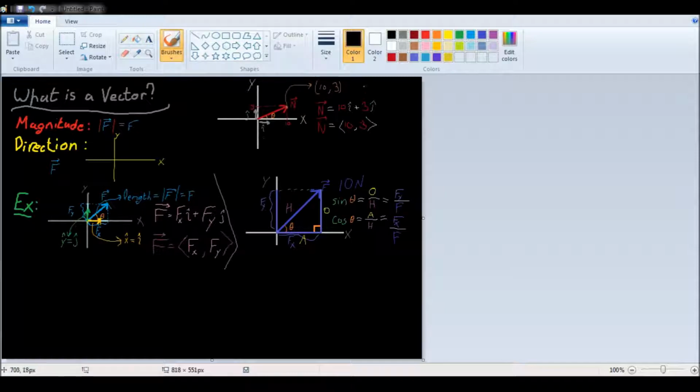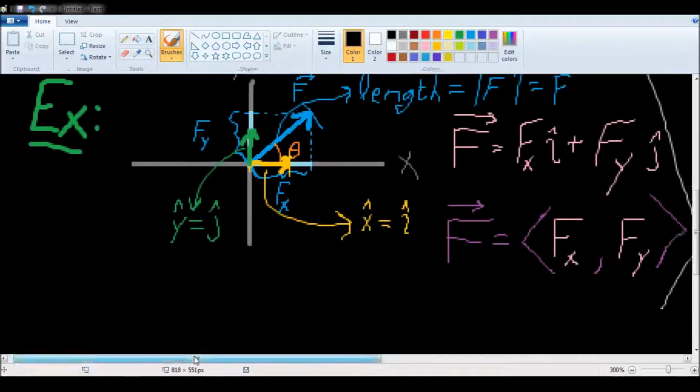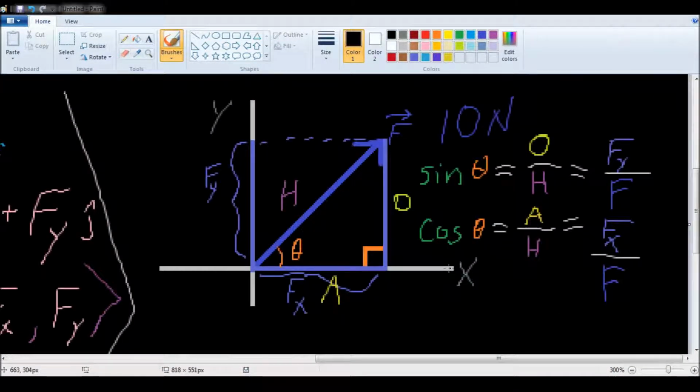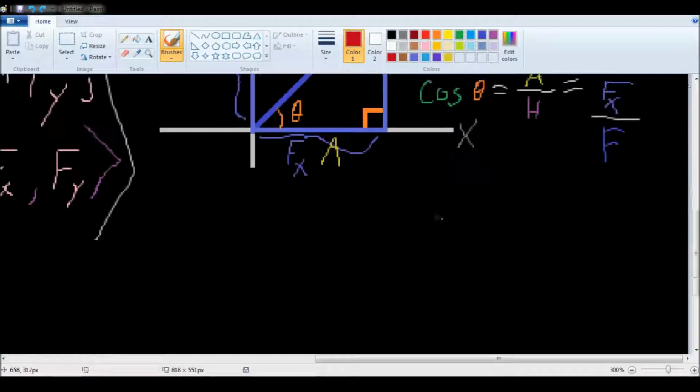Now we have these nice little equations of sine and cosine. What I can do is take these Fs and multiply them back over to the other side to isolate my Fx and my Fy.